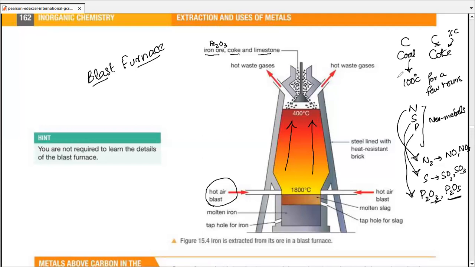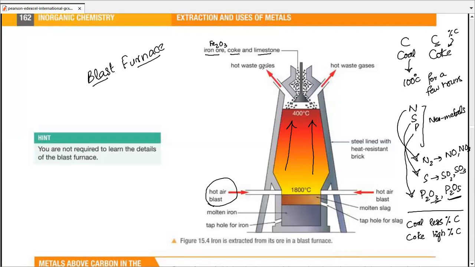I was telling you all of this just to make sure that you understand that coal has a lower percentage of carbon and coke has a high percentage of carbon, because most of the non-metals have been converted into their individual gases and left the coal, because gas can easily move out of coal.